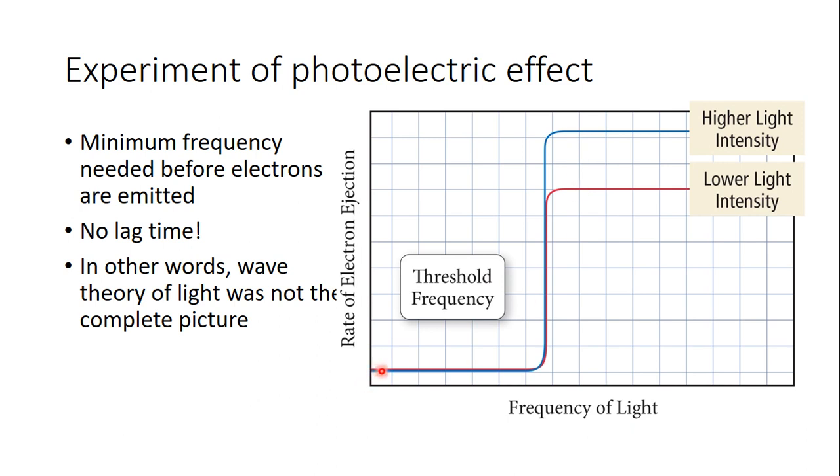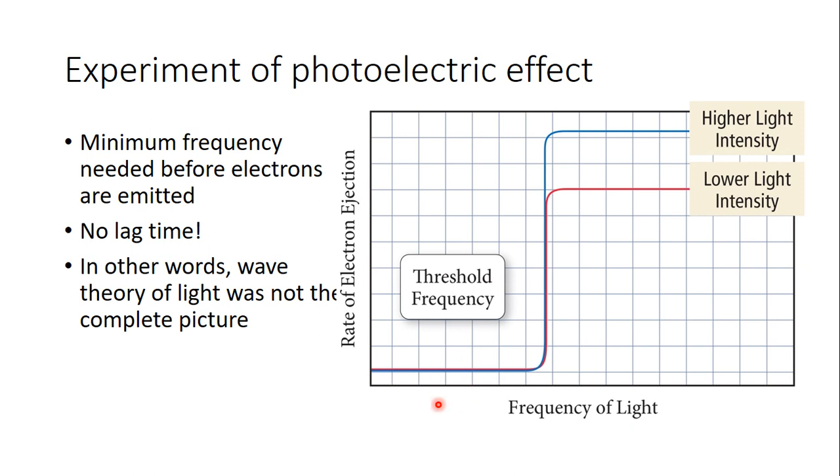For both lights, as you change frequency, at low frequencies you get no electrons ejected. But once you hit a certain frequency, both the low intensity light and high intensity light start ejecting electrons. And it's true that a higher intensity light will eject electrons faster than a lower intensity light, but there's no lag phase.